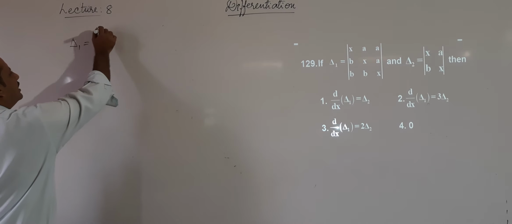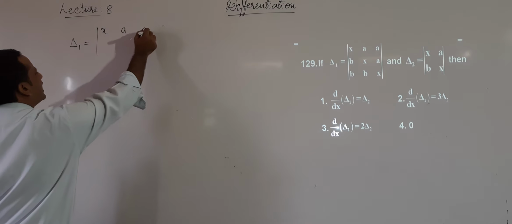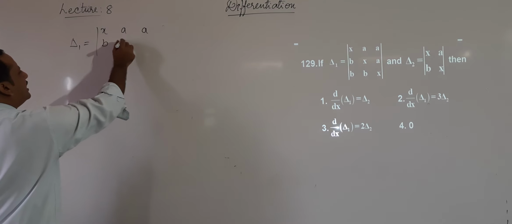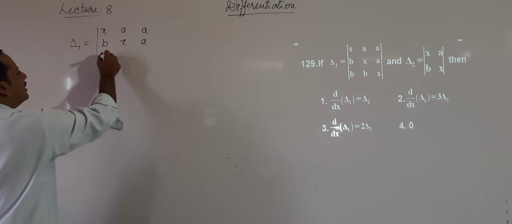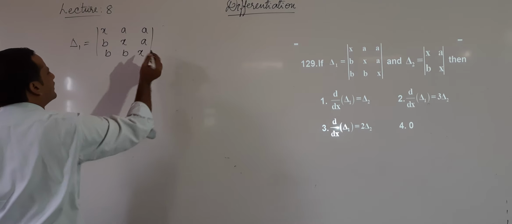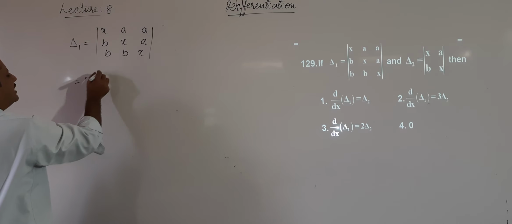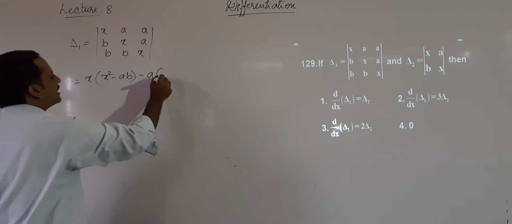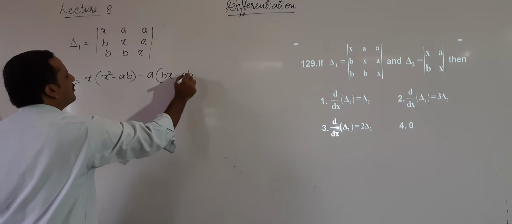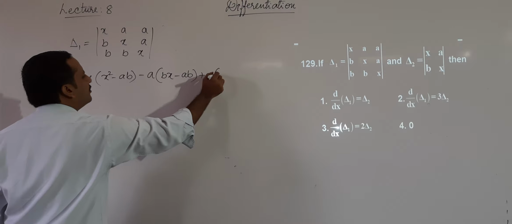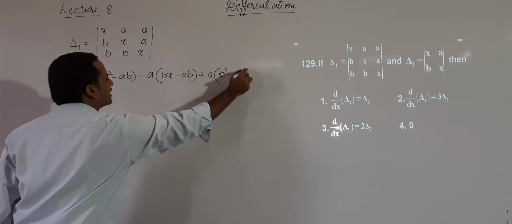Delta 1 they have given determinant of x, a, b; x, a, b; b, x. I will expand this determinant: x into x square minus ab, minus a into bx minus ab, plus a into b square minus bx.